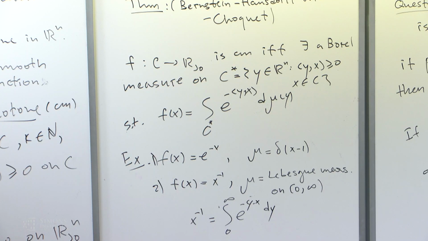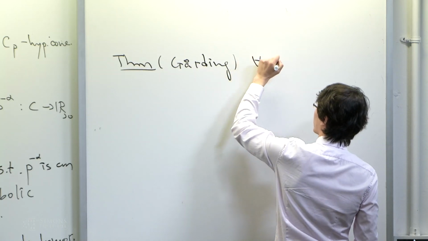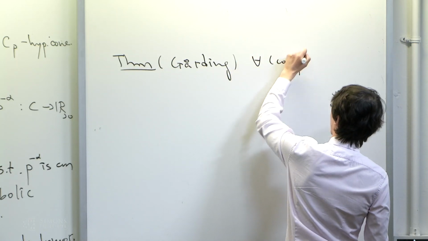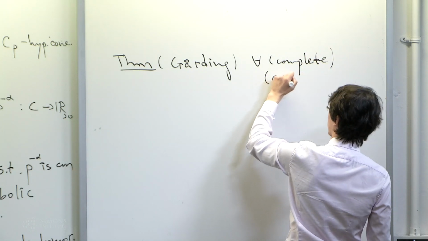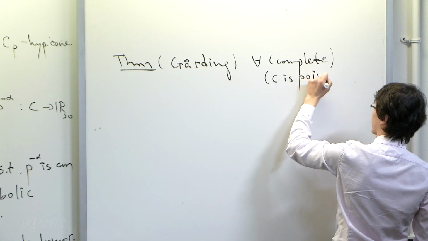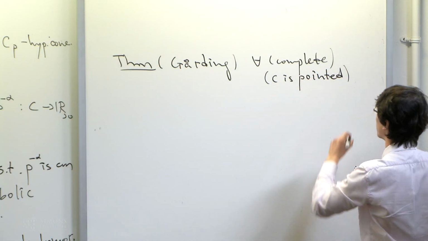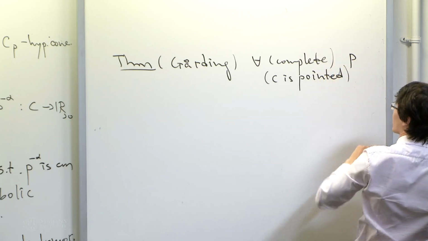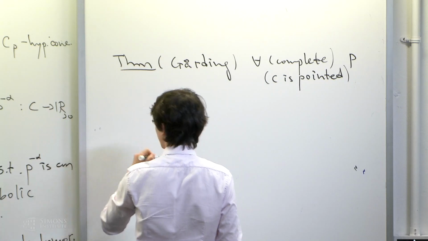So in fact, it is a theorem due to Gårding that for any, in fact, complete means that C is pointed, and that's it. Okay. So if your hyperbolicity cone is pointed, then you can go back.